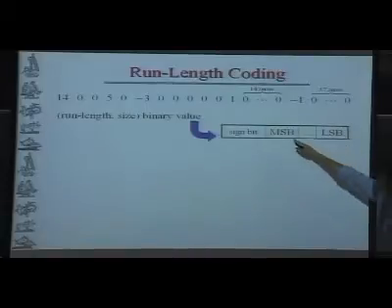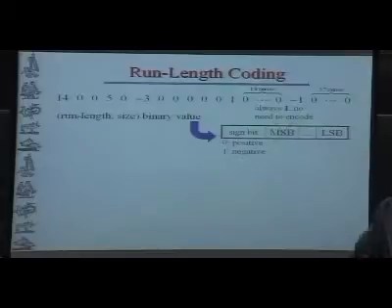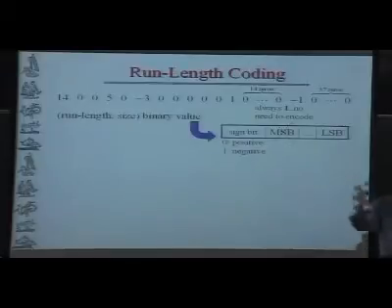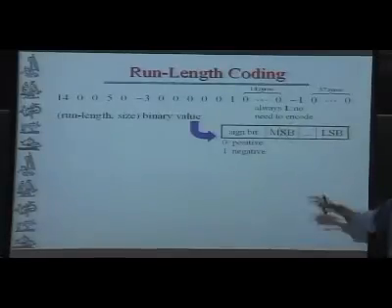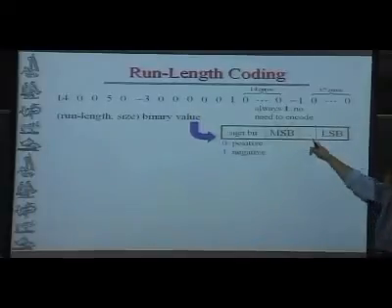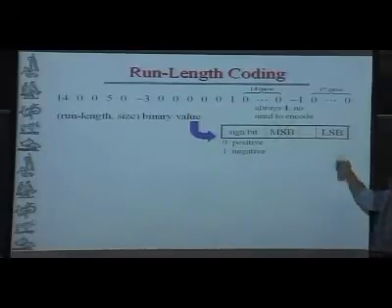The most significant bit you never have to encode, because it's always 1. For example, 5 would be 1, 0, 1. It's always 1, so you don't need to encode it, but you need to encode the rest.